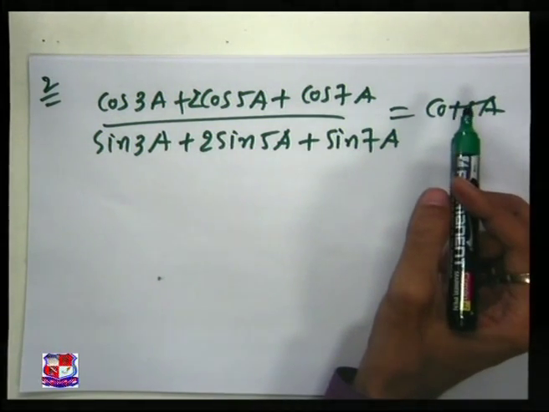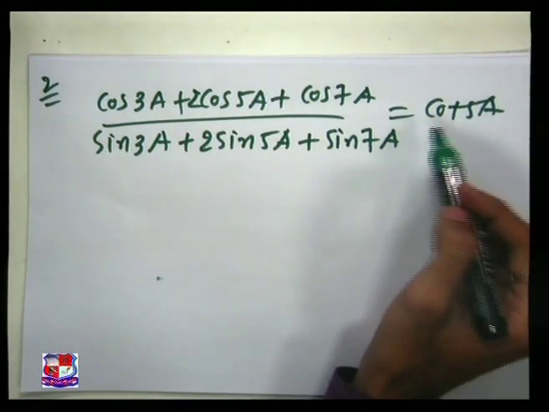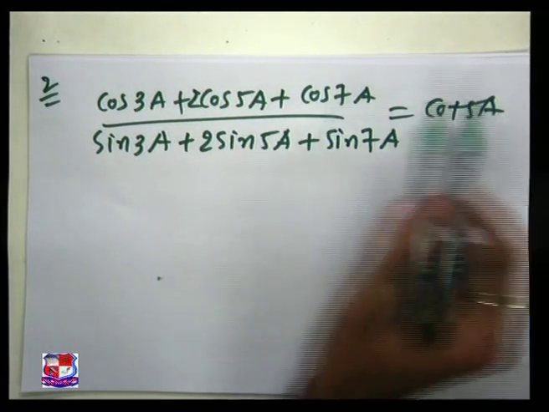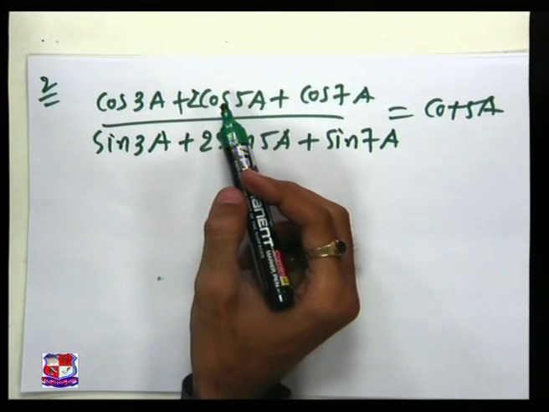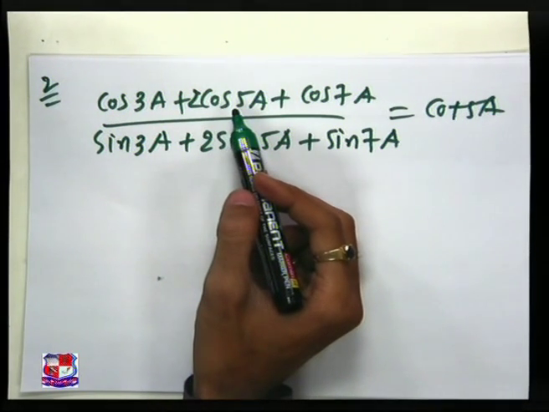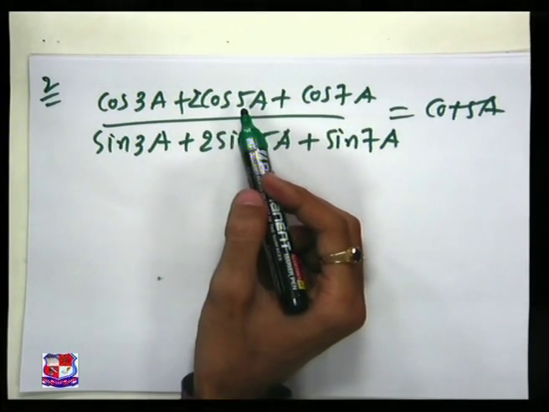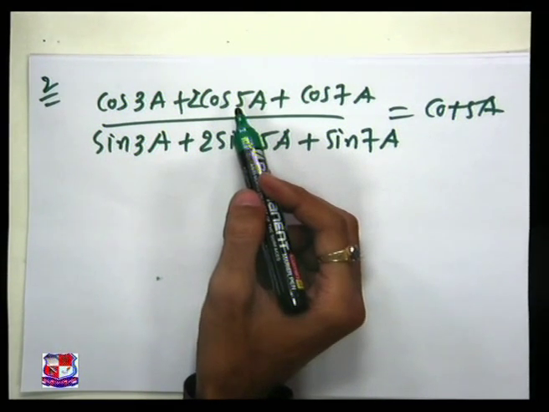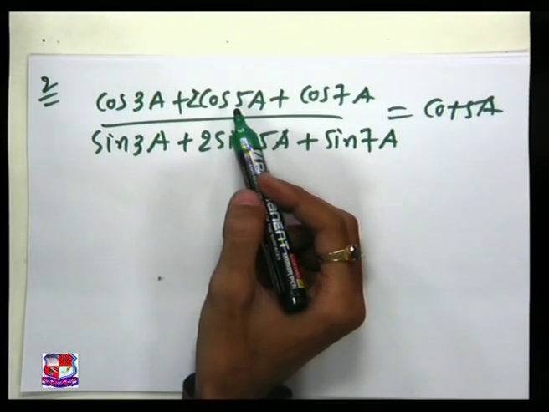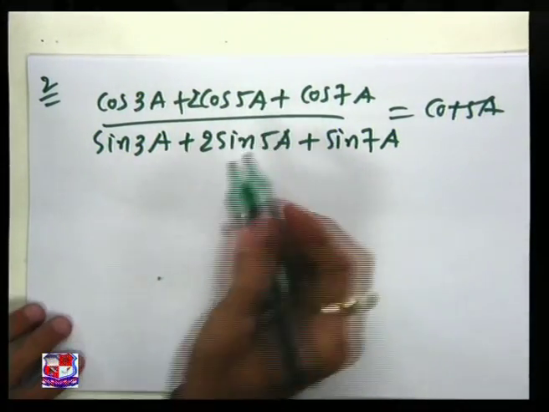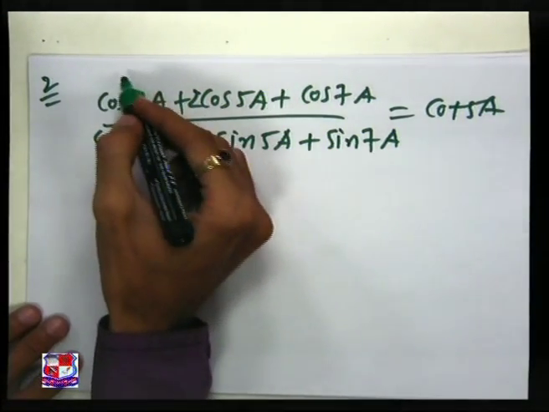So here the logic is we need our answer in the 5a form. So I will put the cos 5a in this expression as it is, and I will try to find the solution of cos 3a plus cos 7a. This one is our left hand side.